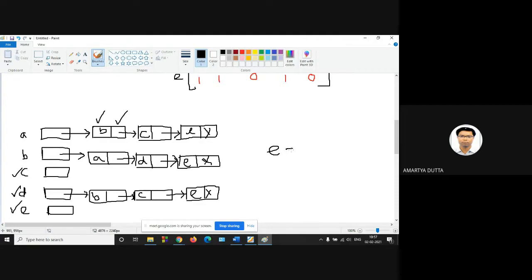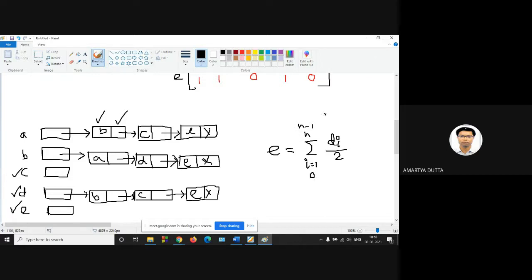So E is equal to the summation of di divided by 2, where di is the degree of the ith vertex, and i runs from 1 to n, or you can write it from 0 to n minus 1.